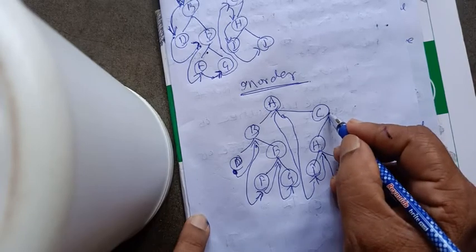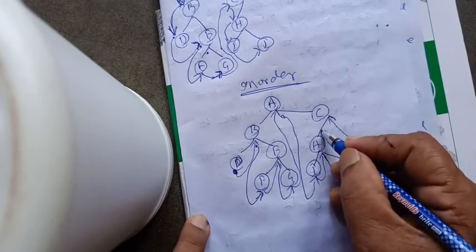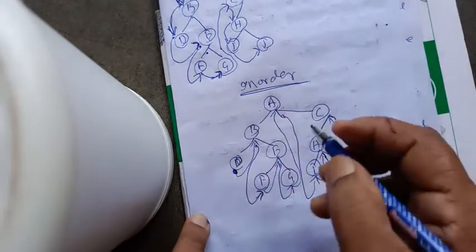Had it had some right subtree, then we would have moved to the right. So this is our in order.